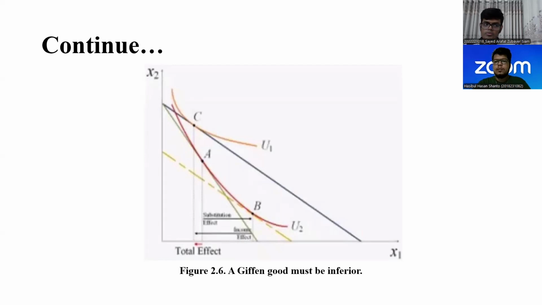These are basic goods like rice, lentils, where we can't find any substitute. So when the price of that good increases, people don't get any substitution for those products. And from that perspective, as we have mentioned earlier, the income effect is negative there. So that is the Giffen good.